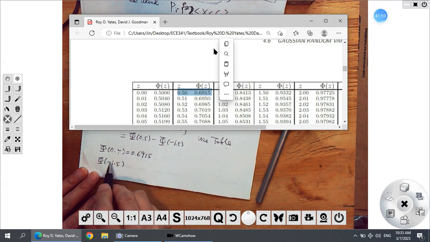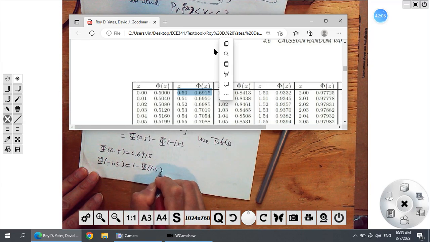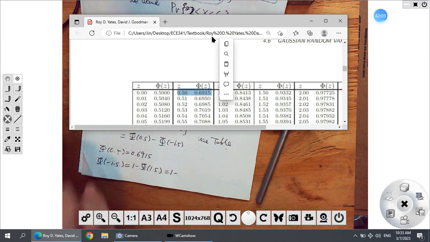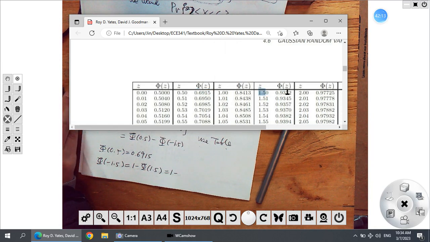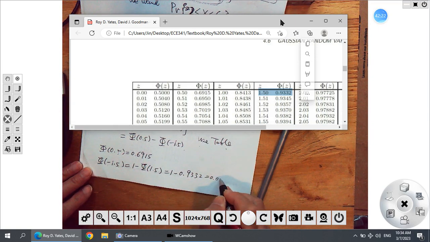Here's a negative z. We know this will be 1 minus phi of 1.5. So it's 1 minus 0.9332, which is 0.0668.